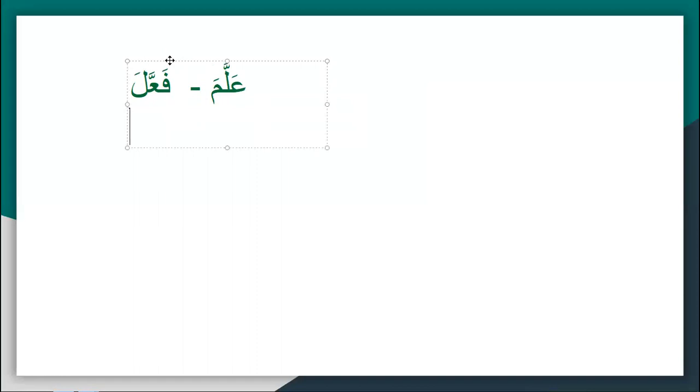And then we have studied Jahada family, right? Our third family was Jahada family. And with Fa'in and Lam, it would become Fa'ala family.